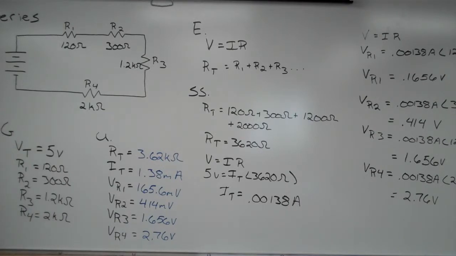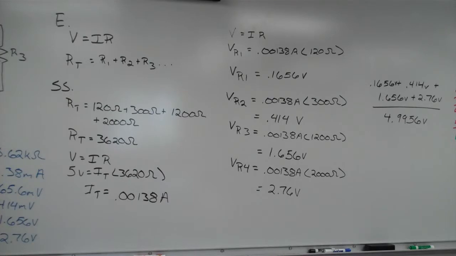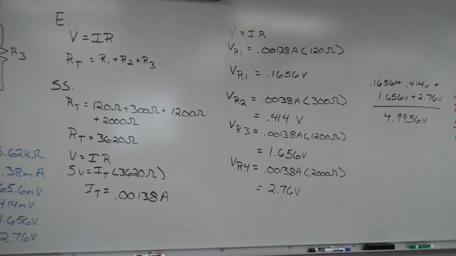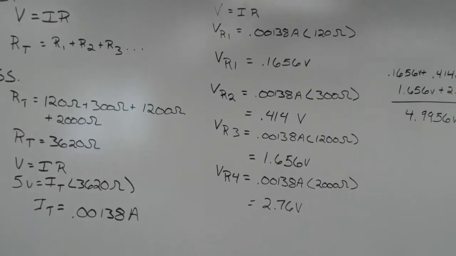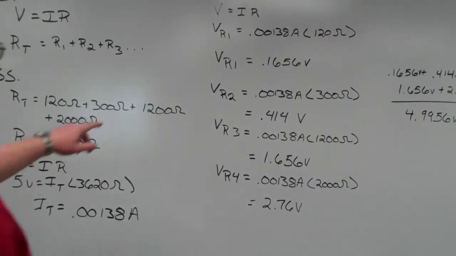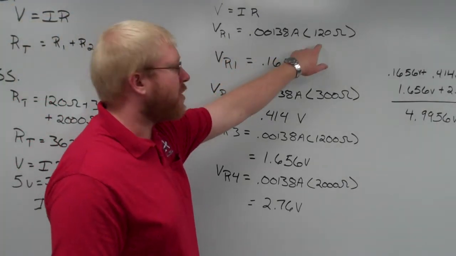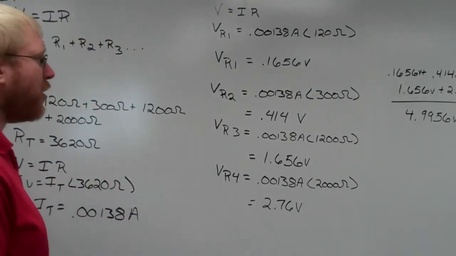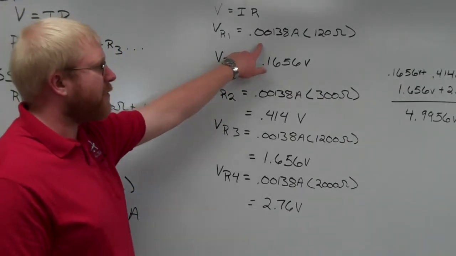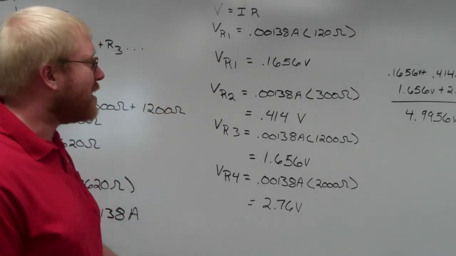On each of those, we're going to use that V equals IR equation. You can see right there that I have those written out. I'll zoom in just a little bit on those so you can hopefully see better. And right there I have my voltage at resistor 1. Voltage at resistor 1 is equal to our current times our resistor at that voltage. So once again we have a resistance of 120 ohms and our current is the same for each one of these because in a series circuit current stays constant.